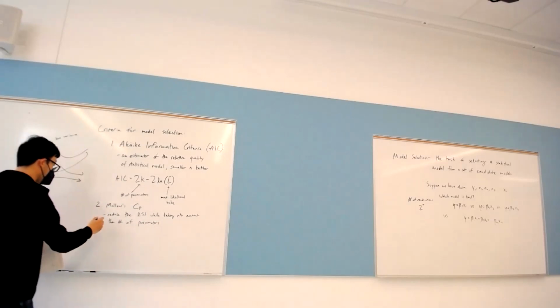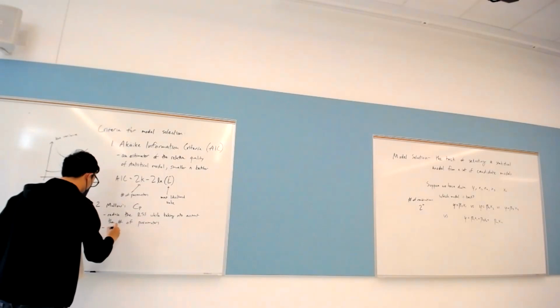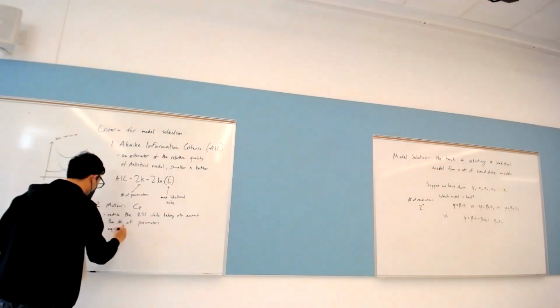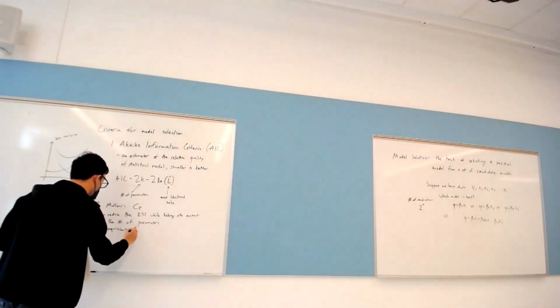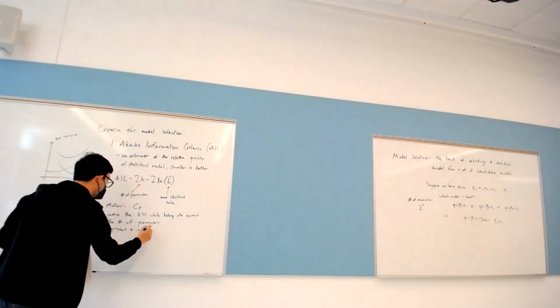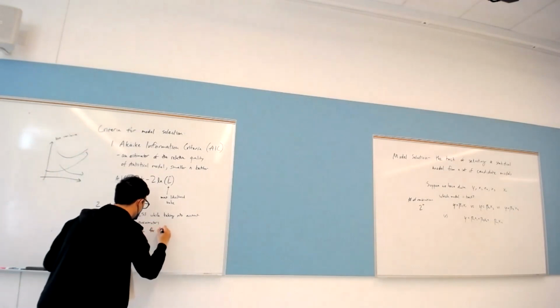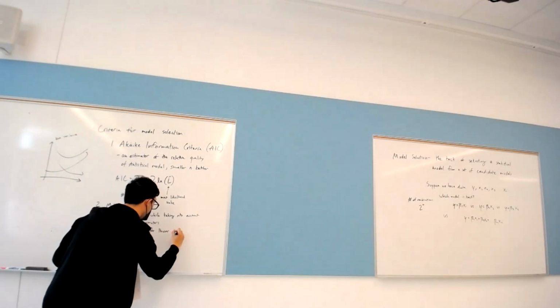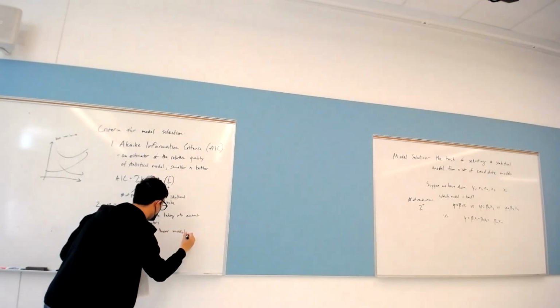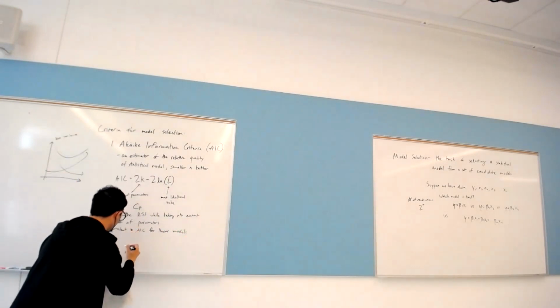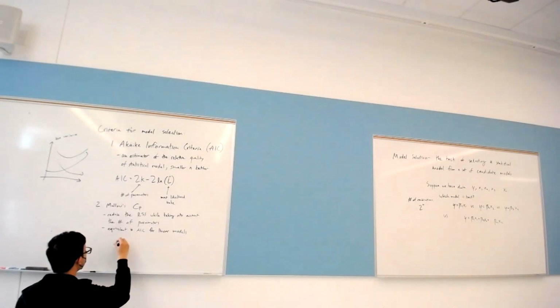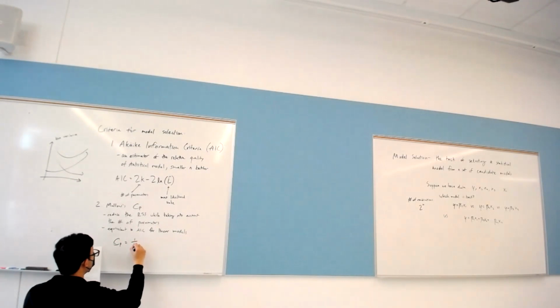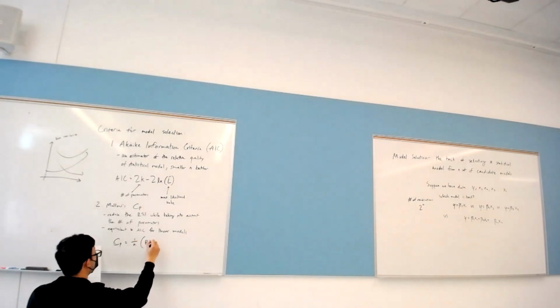And this is actually equivalent to AIC for linear models. The equation looks something like this. Cp is equal to 1 over n of your RSS plus 2k sigma squared.